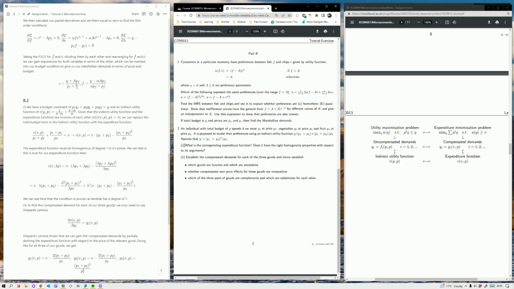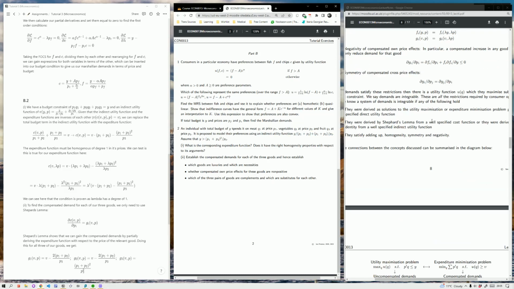So, the most important thing here: what is the corresponding expenditure function? Does it have the right homogeneity properties with respect to its arguments? Now, looking at this, it may seem kind of odd how you can get a corresponding expenditure function out of this, but there's a trick. You can use the indirect utility function to get the expenditure function.